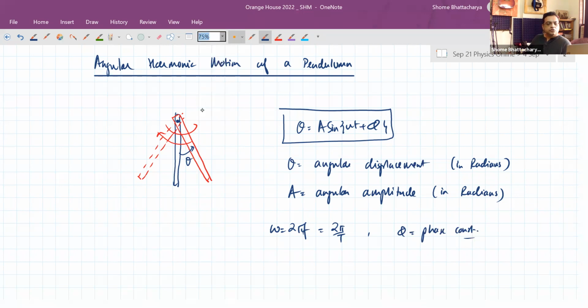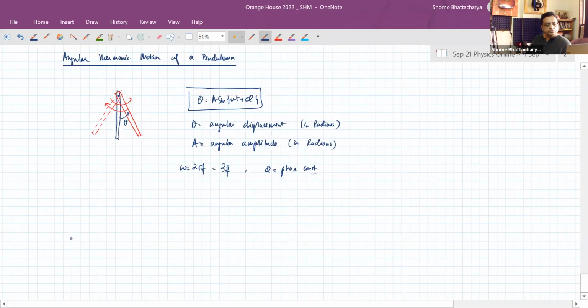So now we will see how to calculate the value of omega for a couple of different types of pendulums. So first we will see what is called the physical pendulum, or it is also called compound pendulum.